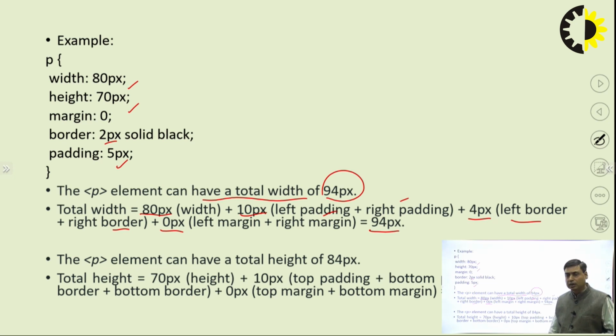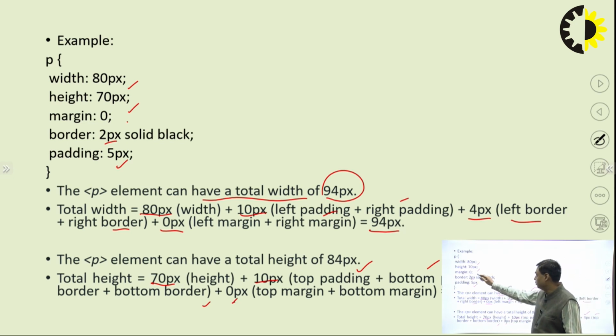Next, to calculate the height, in a similar way, it is the height of the content that is going to display. Then including the top and bottom padding we have 10 pixels, and including the top and bottom border we have 4 pixels. Margin is 0 because we have already given 0 margin.